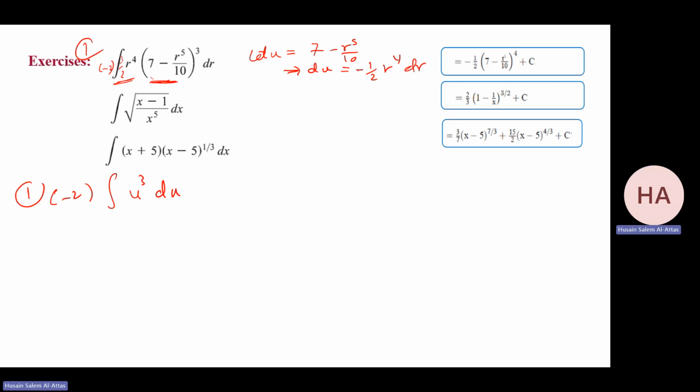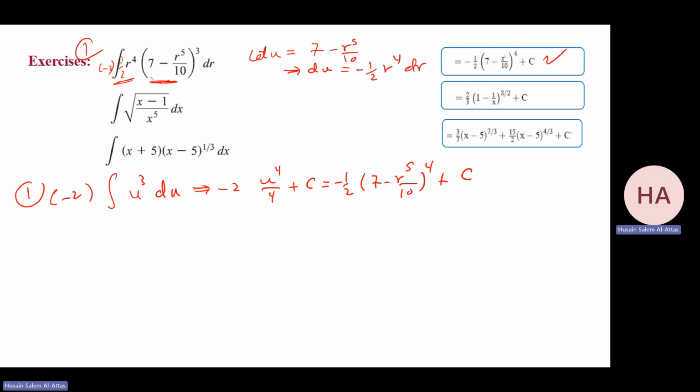That will be the answer, which gives me minus 2 u to the power 4 over 4 plus c. So I have minus half u, which is 7 minus r to the power 5 over 10, to the power 4 plus c, which is this one.